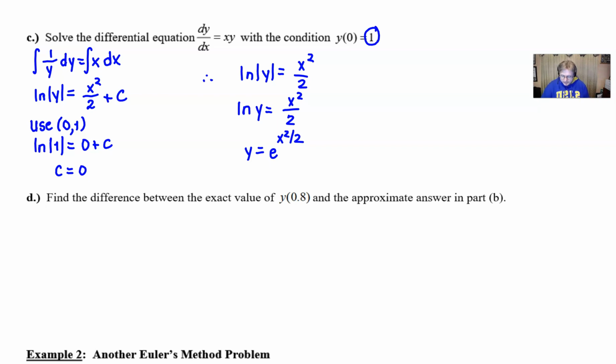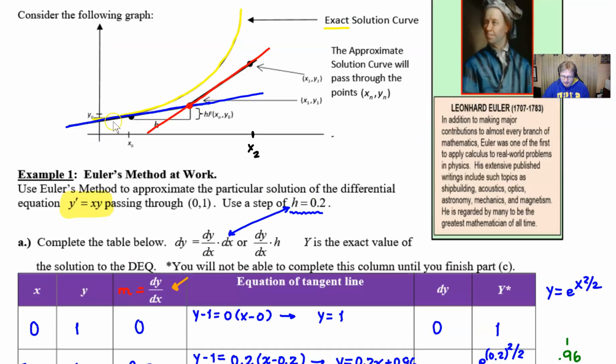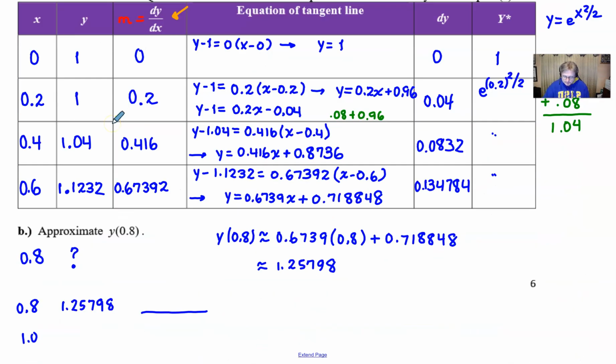Now what we're going to do is take a look at our new part D here. Find the difference between the exact value of y of 0.8 and the approximate answer that we found in part B. Well, if we go back to part B just temporarily, we might recall that we had this y value of 1.25798 that was serving as an approximation for the y of 0.8.